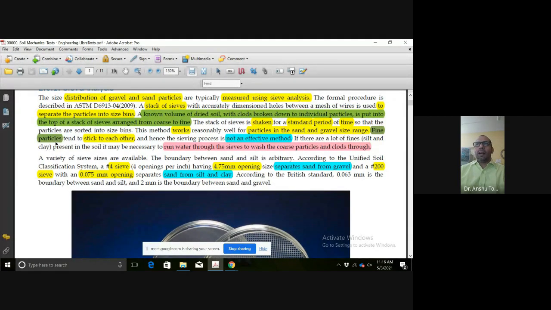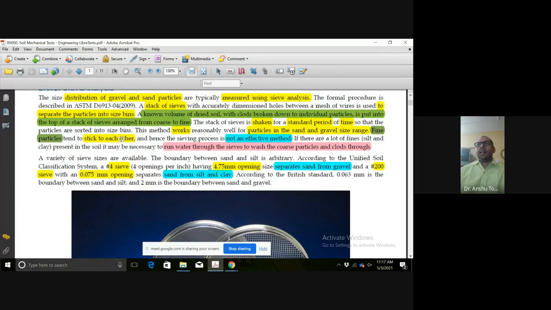Fine particles tend to stick to each other, so there is a limit to which even sieve analysis works. There are types of sands which are very fine, down to microns, 1 micron, 2 microns. Those particles stick to each other, and they are difficult to separate out as gravel or sand or clay.